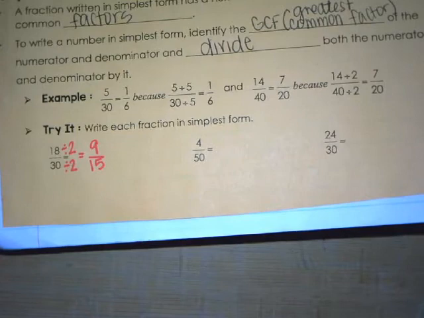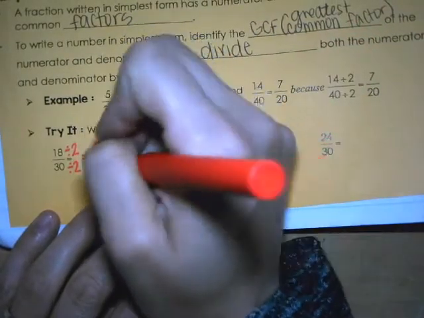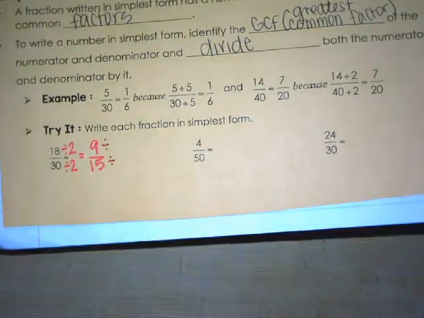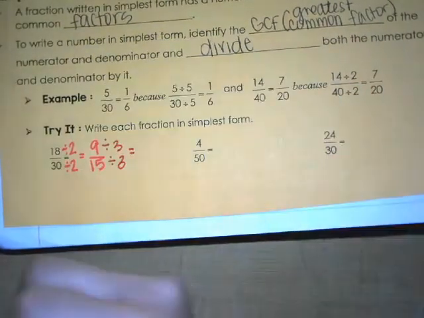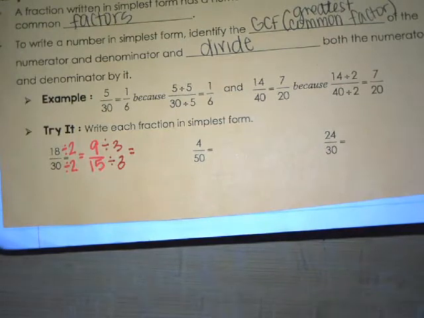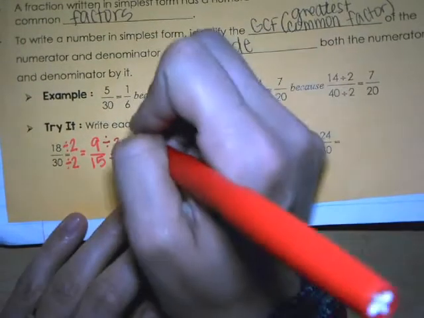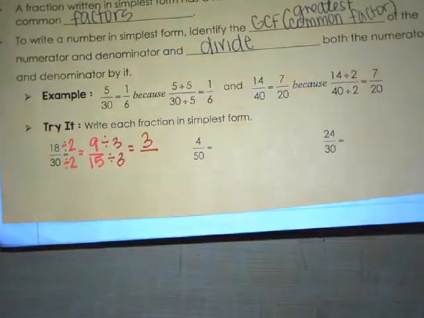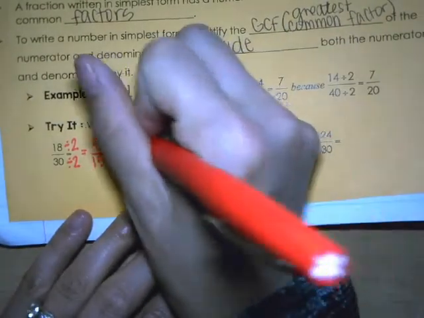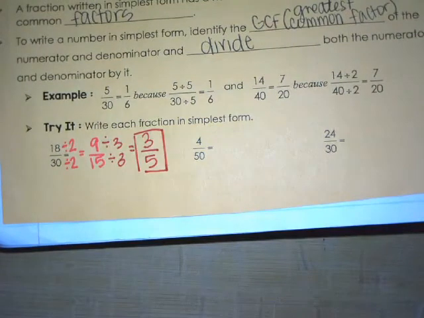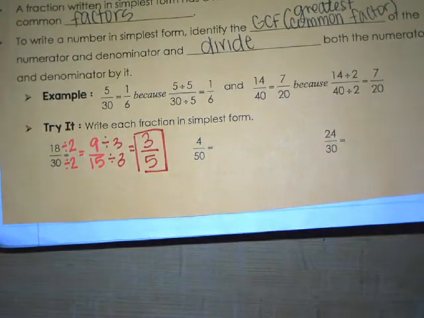What can I divide out of 9 and 15, everyone? 9 divided by 3 is 3. 15 divided by 3 is 5. So my simplest fraction is 3/5.